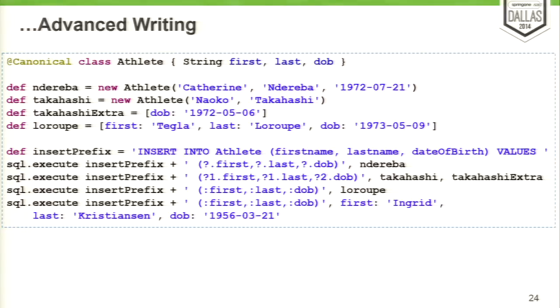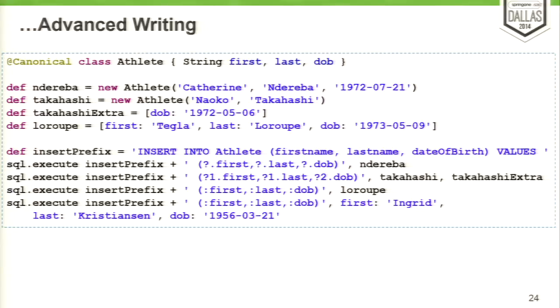So I can call colon first, colon last, colon date of birth. And just to complete the scenarios here, Groovy's named syntax form, if I go first colon and last colon and date of birth colon as the parameters, it automatically puts all those into a map. So you can put the whole thing in this sort of syntax and not have any of these helper objects if you really wanted to. Make sense? Yep.